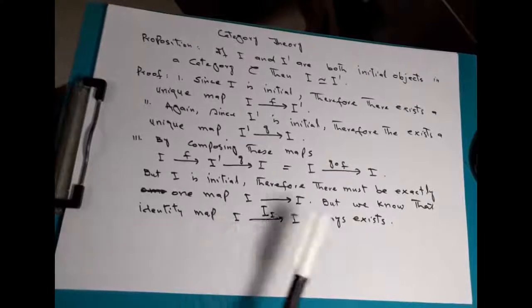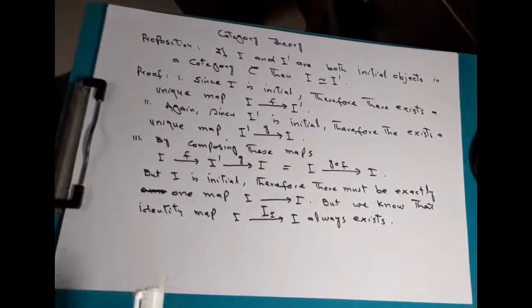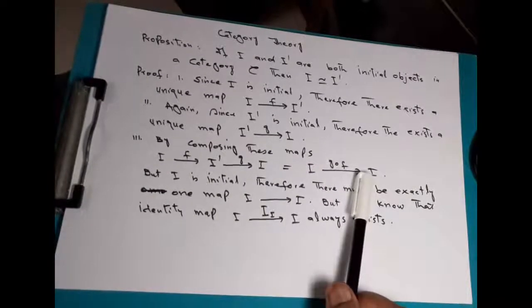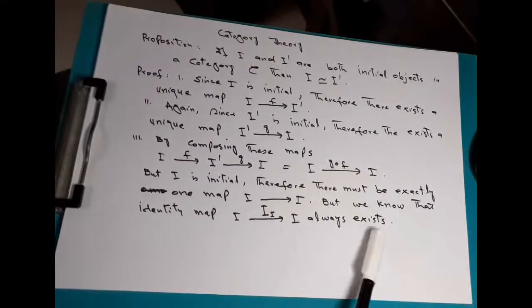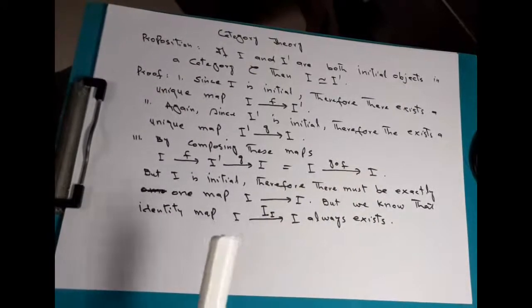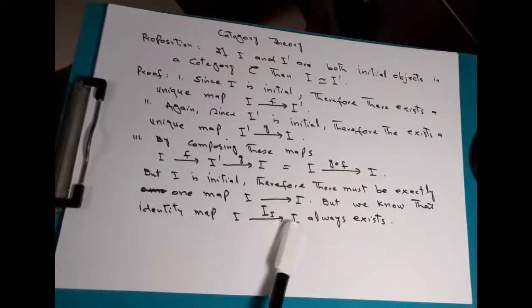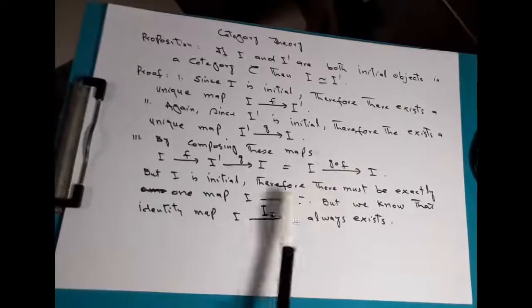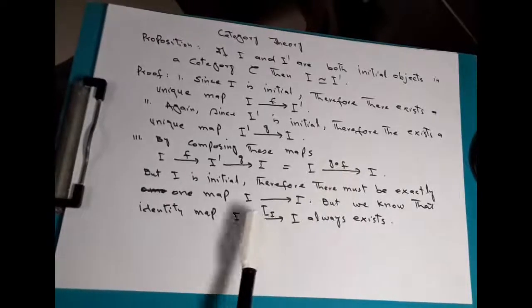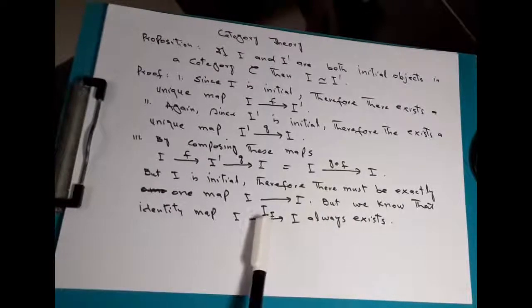Now there is exactly one map from I to I, and this is G circle F in this case, and we already know that there is a map from I to I which is identity map. Since this map is unique, therefore G circle F should be equal to this identity map.